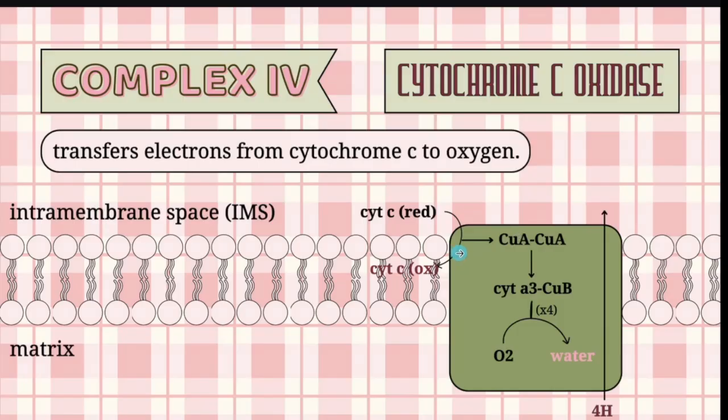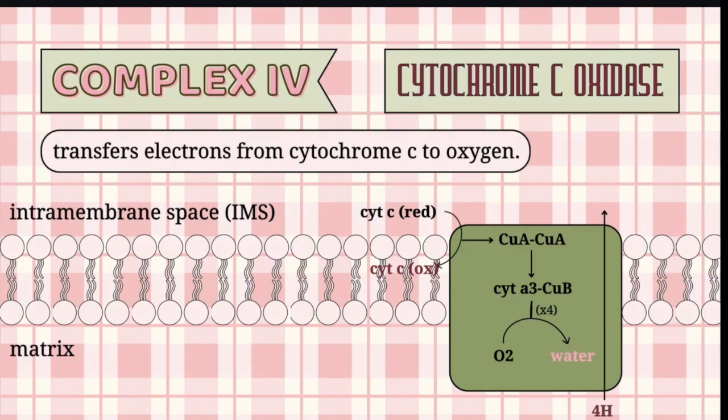Now, does it donate the electrons one at a time? No, both simultaneously. One at a time. So everything in this complex is one at a time. Now the Cu center will donate the electrons to the cytochrome A3 CuB center, which is also known as the iron copper center.